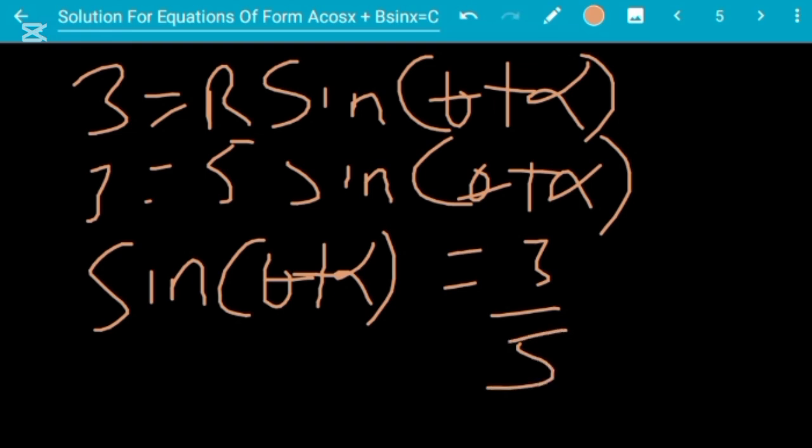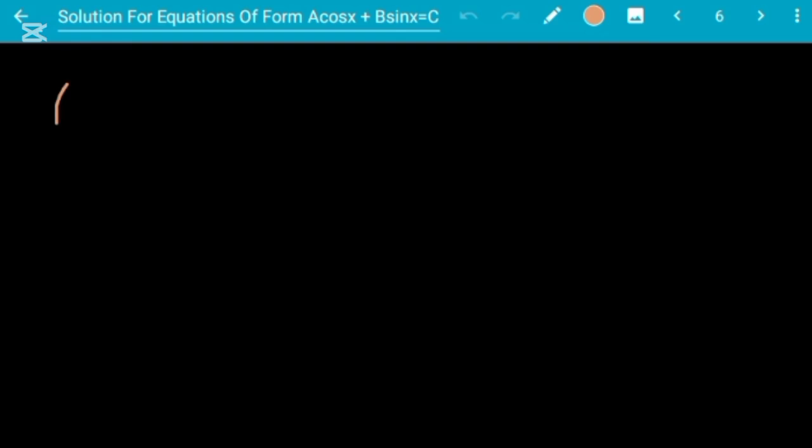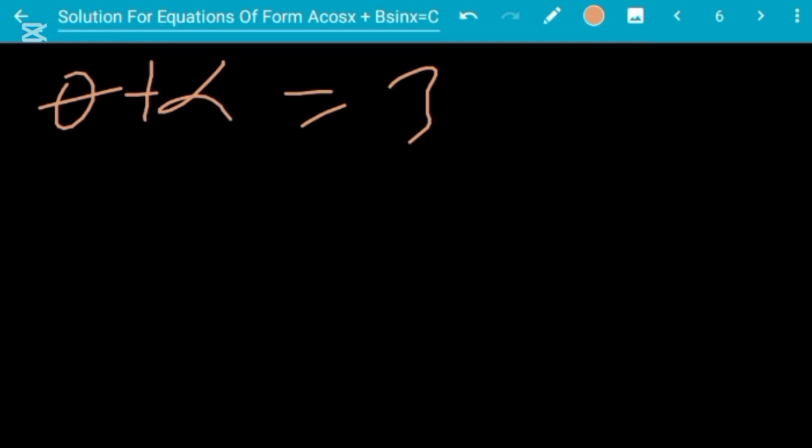So therefore, the inverse of sine 3 over 5 is equal to 36.87. So this is the answer that we get for the angle.